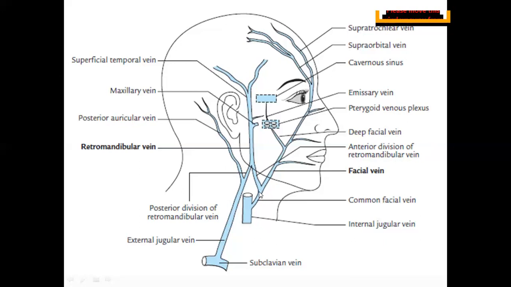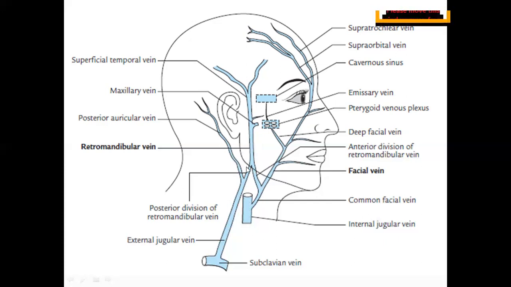Internal jugular vein. Now, how is this retromandibular vein formed? You see here, the superficial temporal vein and maxillary vein, they join to form retromandibular vein. The retromandibular vein has two divisions, anterior division and posterior division. The anterior division joins with the facial vein and it opens into the common facial vein which drains into internal jugular vein.